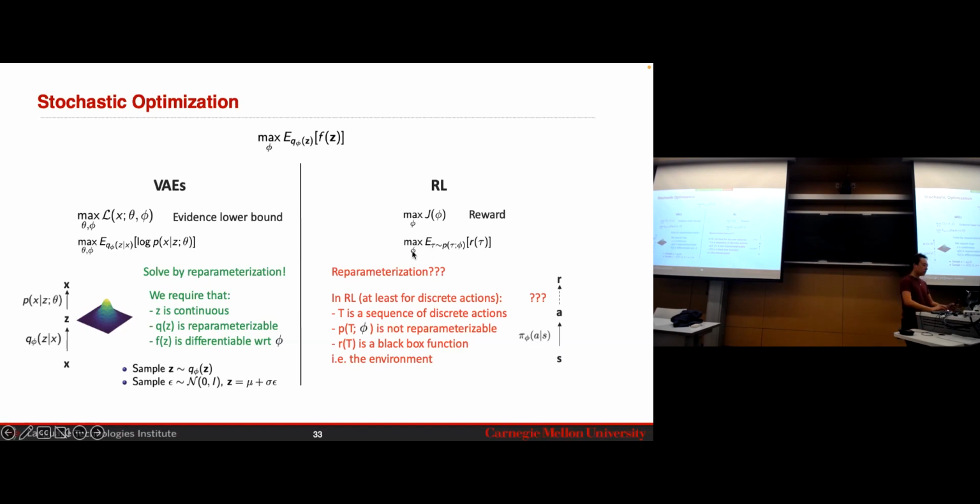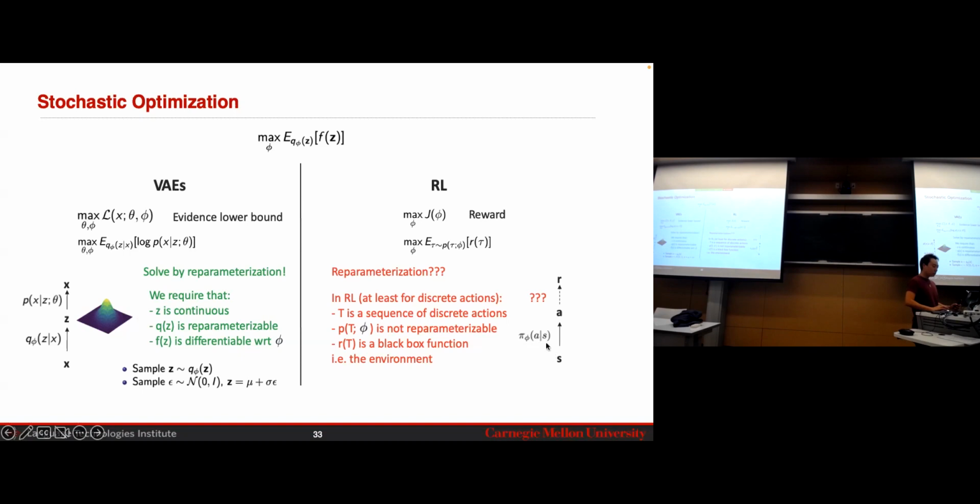So you can't really reparameterize it and then move the gradient with respect to my parameters phi inside the expectation. And finally, in VAEs, my objective function, F of Z, was continuous and differentiable. My F of Z was the log likelihood of my data X given the Z's that I have. That's usually a decoder neural network with a softmax or mean squared error. That's going to be continuous and differentiable. In my reinforcement learning case, my reward of my trajectories is a black box environment. I don't really know what that is. You can't backpropagate through it.